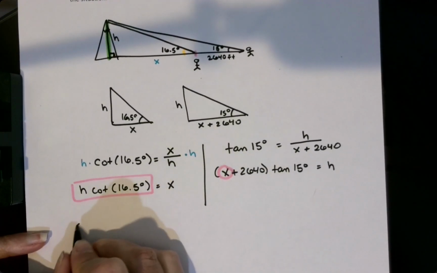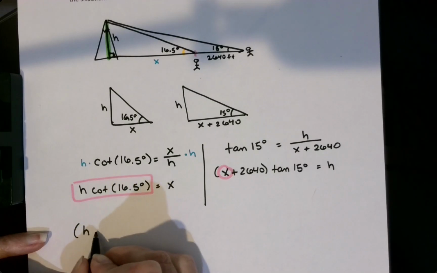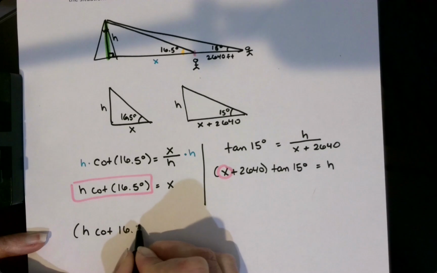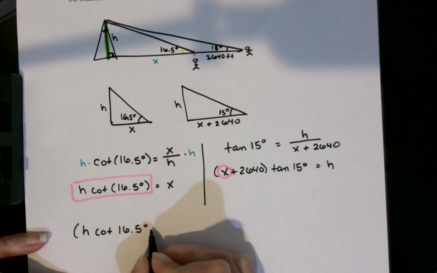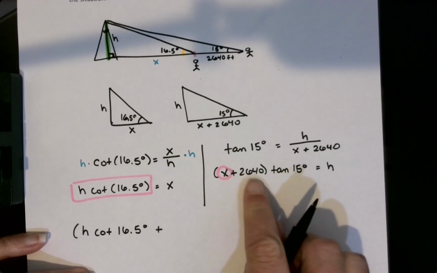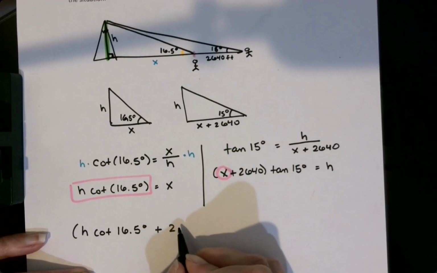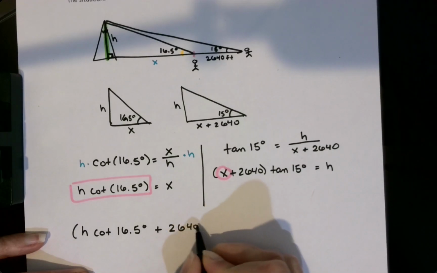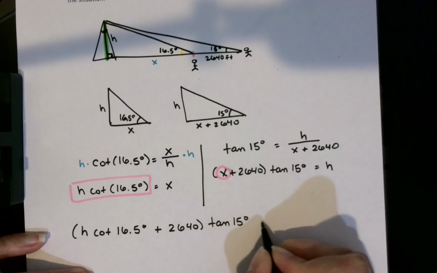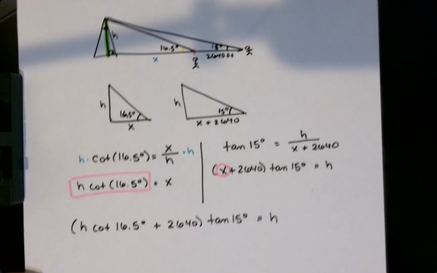So we have h cotangent of 16.5 degrees plus, that got plugged in here, plus the 2,640 times the tangent of 15 degrees equals h.